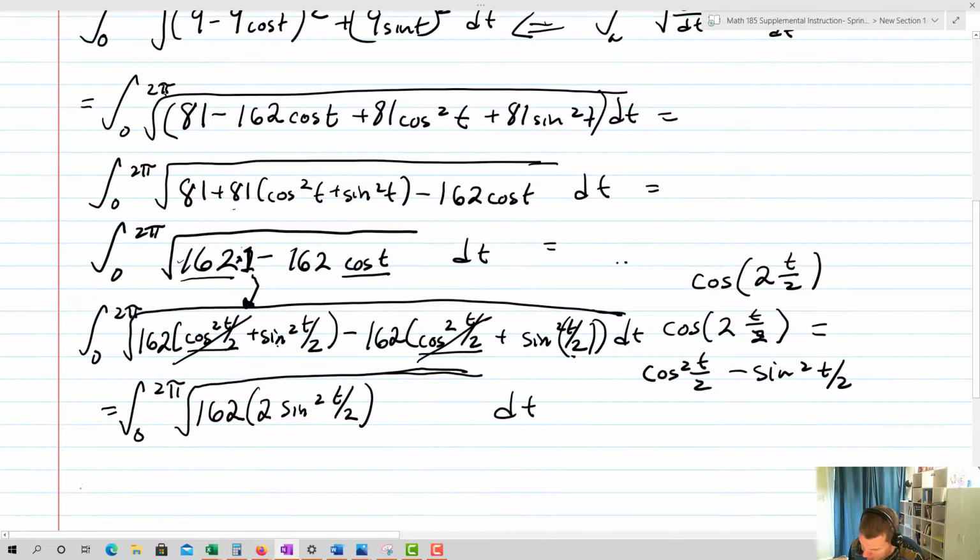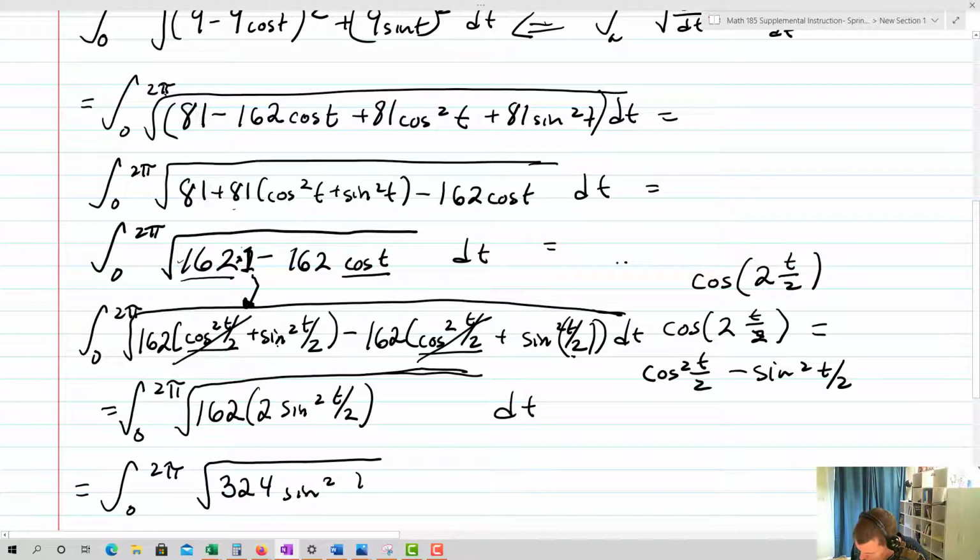What that leaves me with is the integral from 0 to 2 pi of the square root of 324 sine squared t over 2, dt. And that is equal to the integral from 0 to 2 pi of 18 sine t over 2, dt.